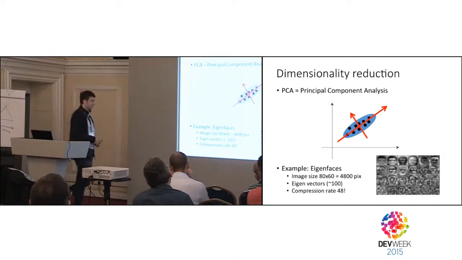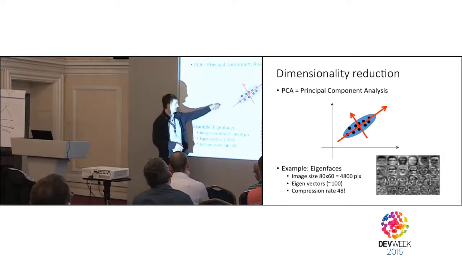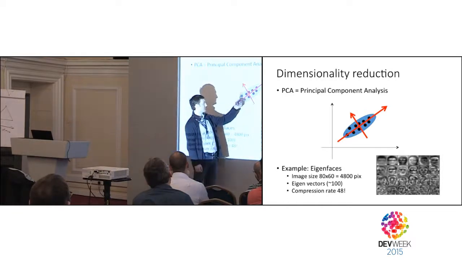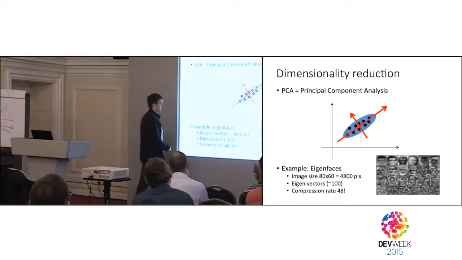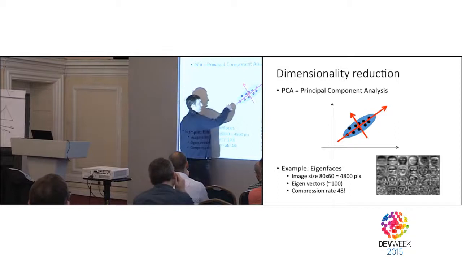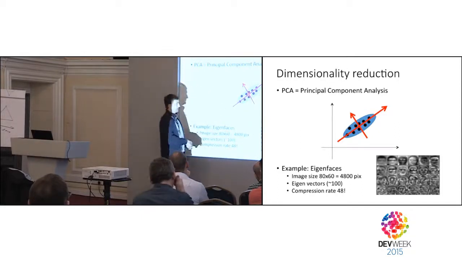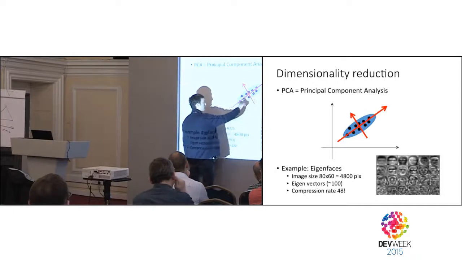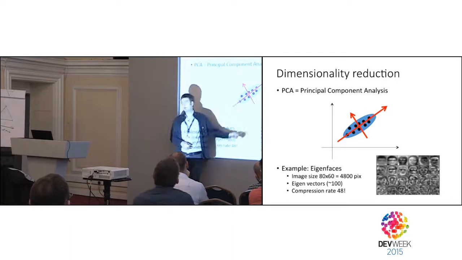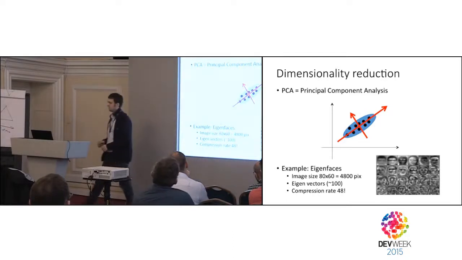Suppose we have data in multidimensional space which has correlation. In this case, we can find a new system of coordinates where there is a direction where data changes the most, and there is another direction where we have a smaller number of changes in data.